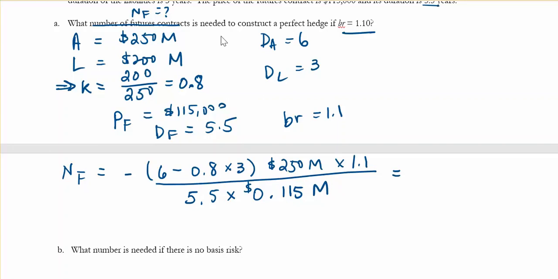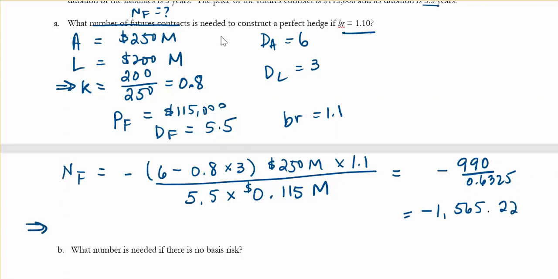We'll put that into the calculator, and we get negative 990 divided by 0.6325, and that gives us an answer of negative 1,565.22.